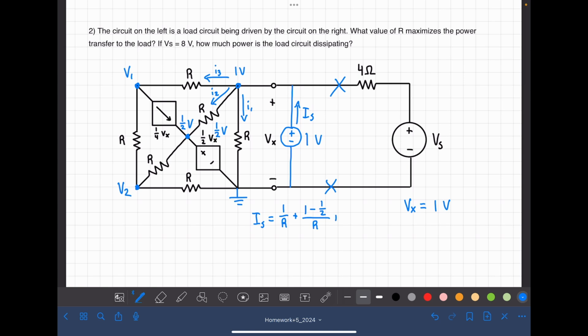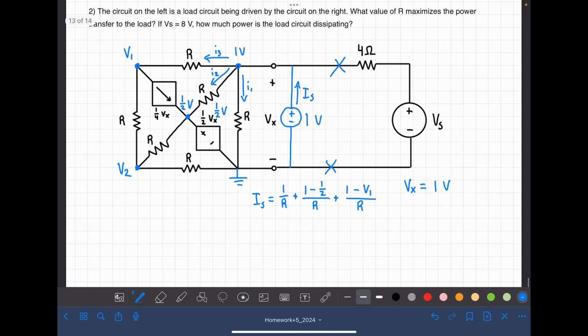And let's go ahead and put 1 minus V1 over R in our equation. Okay, so now we want to find V1 in terms of R. We don't want any other variables besides our current and R. So our next goal is to find V1 in terms of R. So let's go ahead and do that.